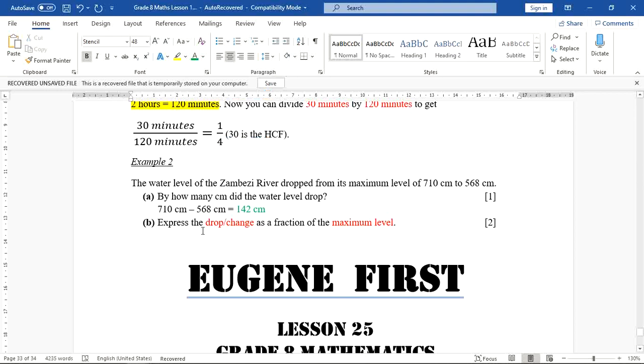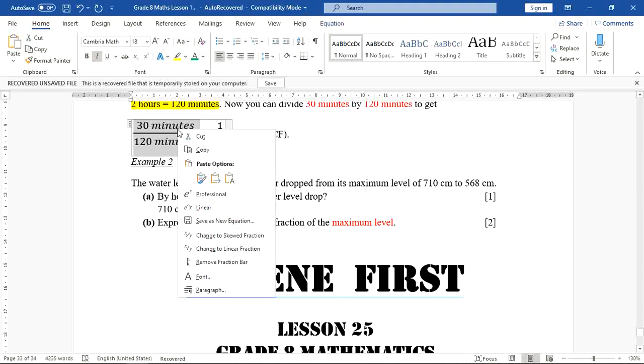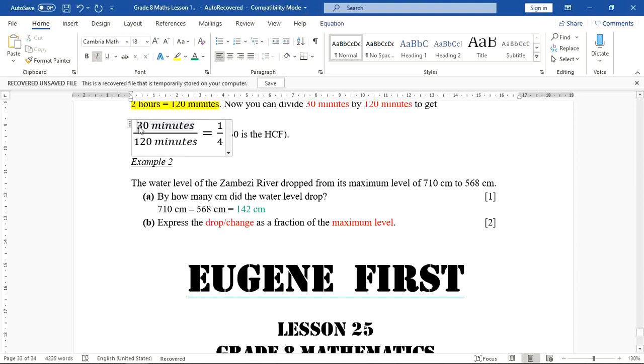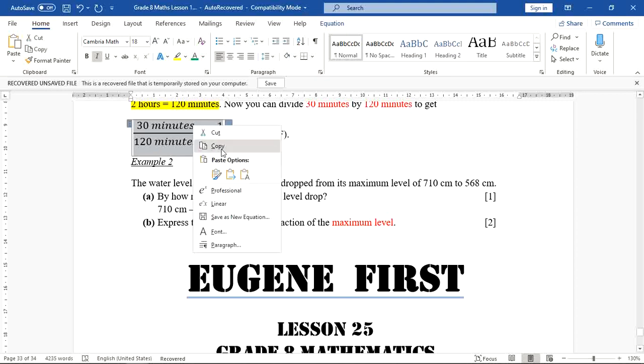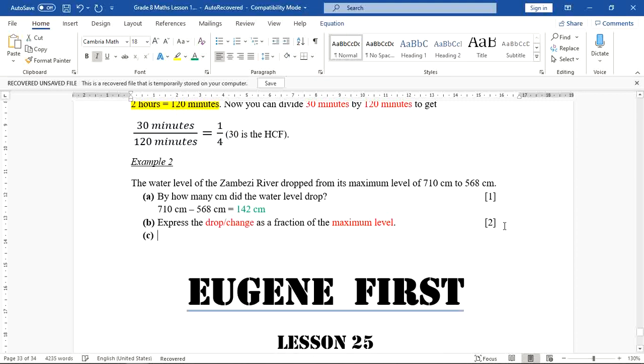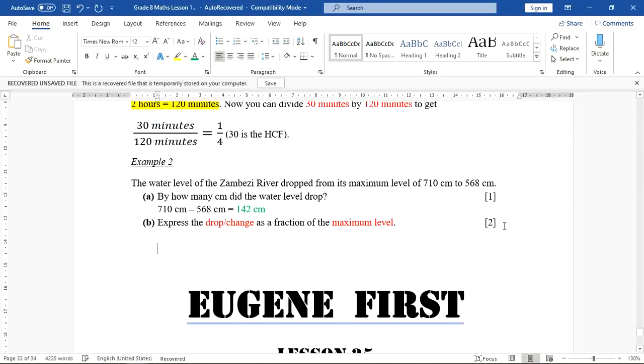Part B says express the drop or change as a fraction of the maximum level. So what we need to do, we should divide the change by the maximum level. So this is what we are going to do, my friends.